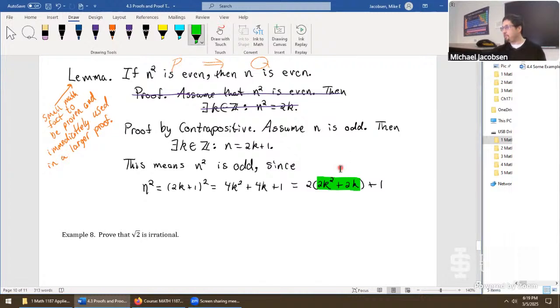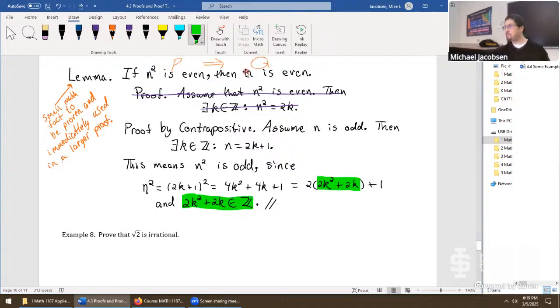Now we're all set up. That we can directly assert as an integer. Doesn't matter what k is. That polynomial in k is an integer no matter what k happened to be. So we can say since that happened, 2k squared plus 2k is an element of the integers Z.